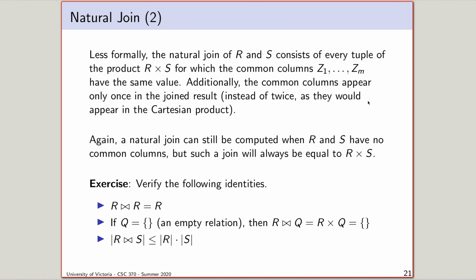All right, so we can go back to our less formal, more intuitive definition for the natural join, which is that the natural join R bow tie S, so that would be, again, if I join R to S with a natural join, it's every tuple that's in R times S for which all of the common columns agree. So what's nice about the natural join is that we don't have to specify the common columns.